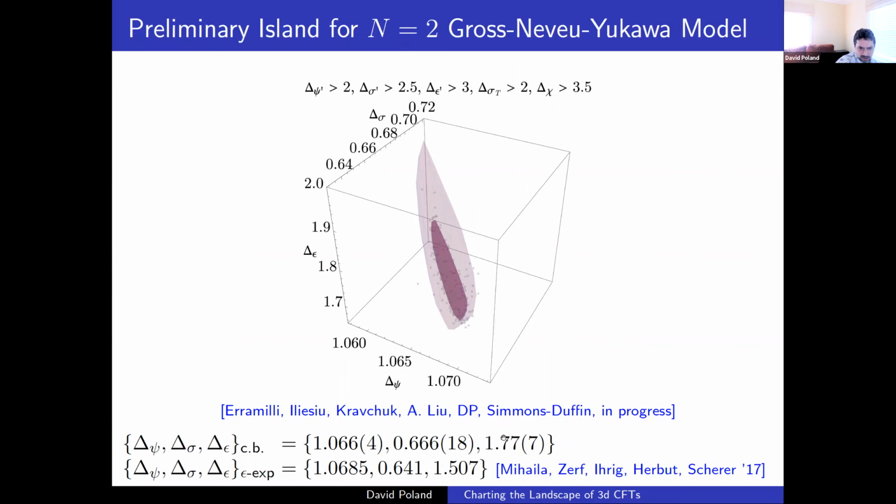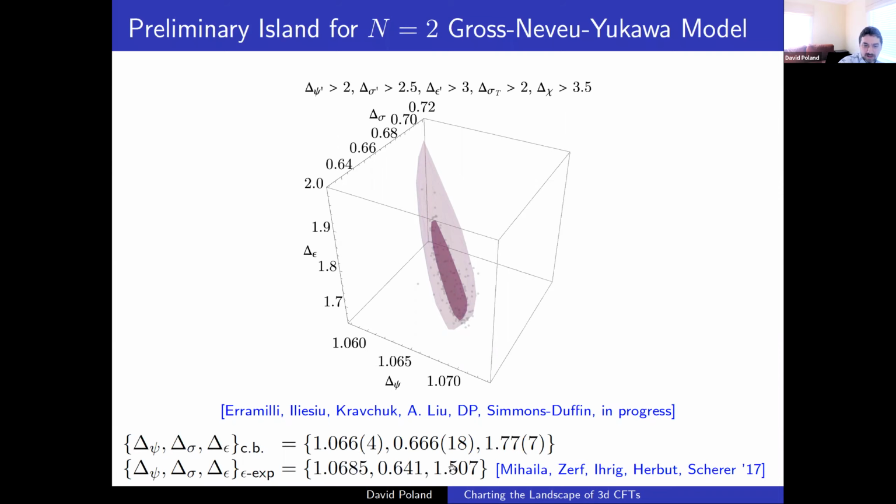Just to show you, we're getting numbers shown below here for the scaling dimensions of psi, sigma, and epsilon, with errors currently in the third or second digits. These look pretty similar to numbers obtained using Borel resummations of the epsilon expansion done by this collaboration.